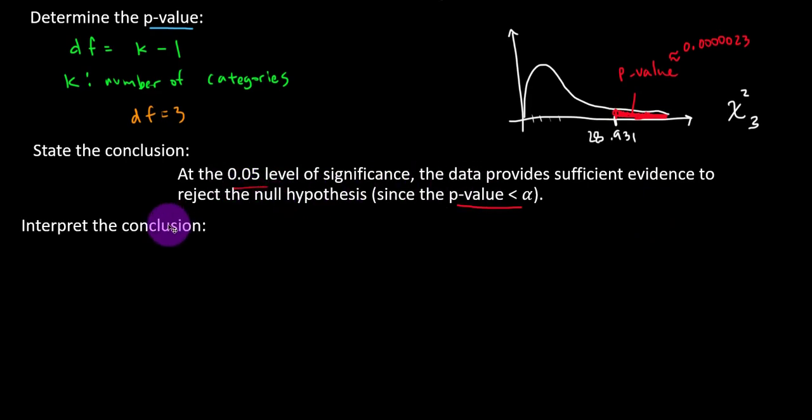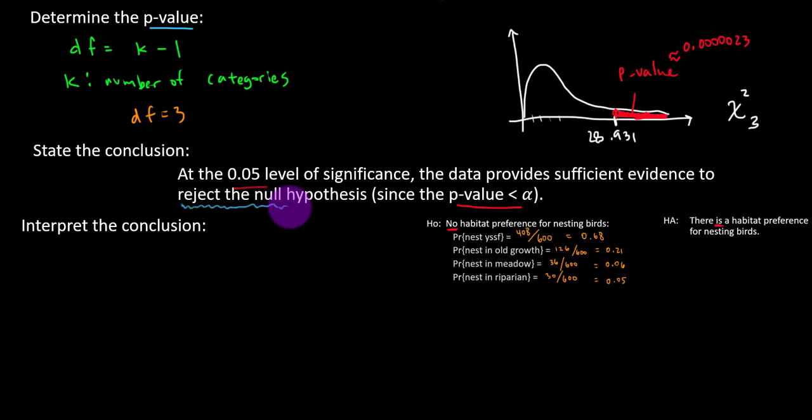As always, I like to provide an interpretation to this conclusion. Yes, we are rejecting the null hypothesis, but what does that imply about the nesting habitat? I copy-pasted our hypotheses here, kind of small.